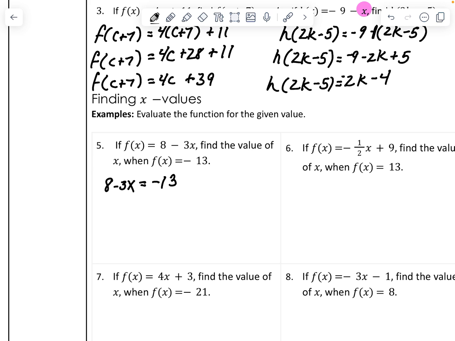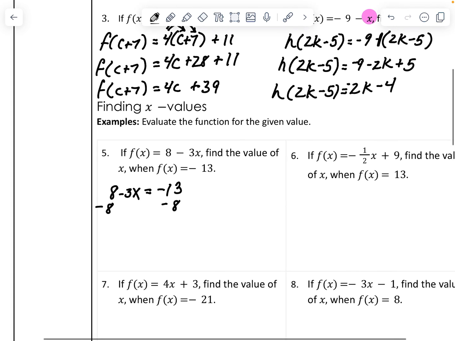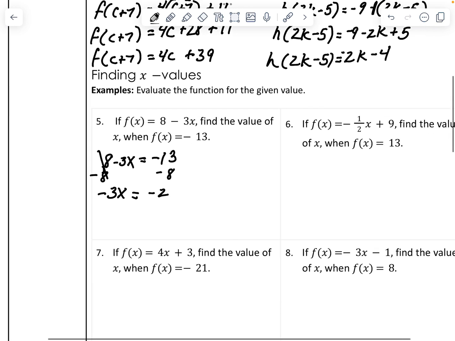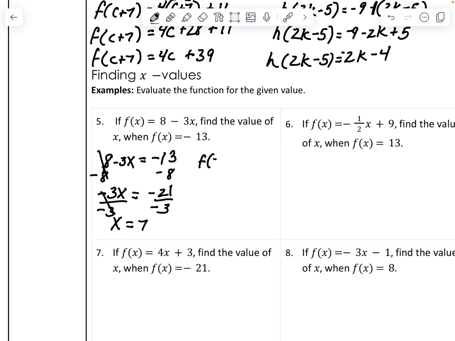I'm trying to find the input for the negative 13. So you're going to solve for x. You're going to subtract 8 from both sides. Okay, so my x equals 7. That means when I have the input of 7, or f of 7, I'm going to have the output of negative 13.